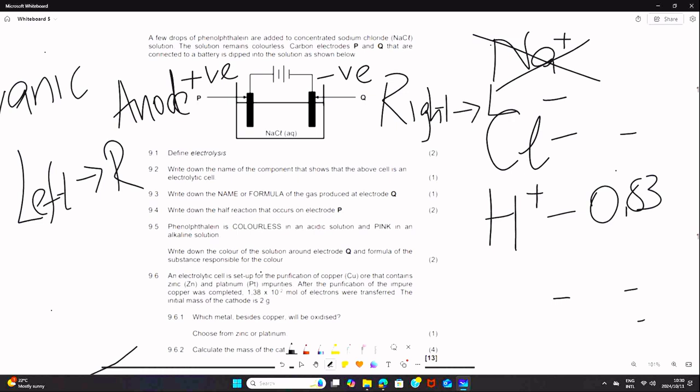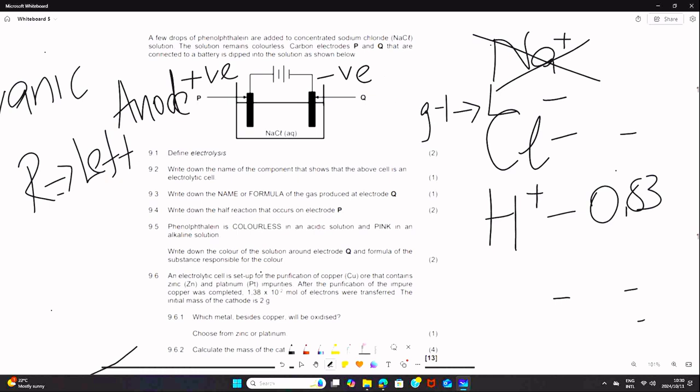So basically, we know that the chloride ions will be oxidized at the anode, and the oxidation is written from right to left. Sorry, and then your reduction half reactions, we write them from left to the right hand side of the table. We copy them. You don't memorize any of them.